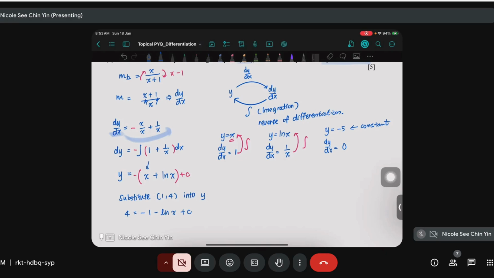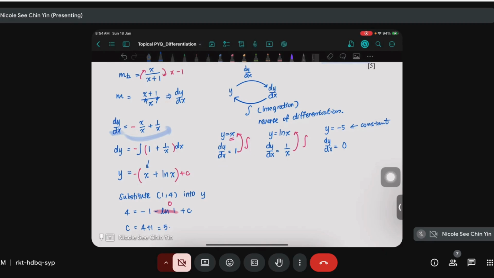Your x is 1, and ln 1 is 0, so basically this entirely becomes 0. So my c will equal 4 plus 1, which equals 5.